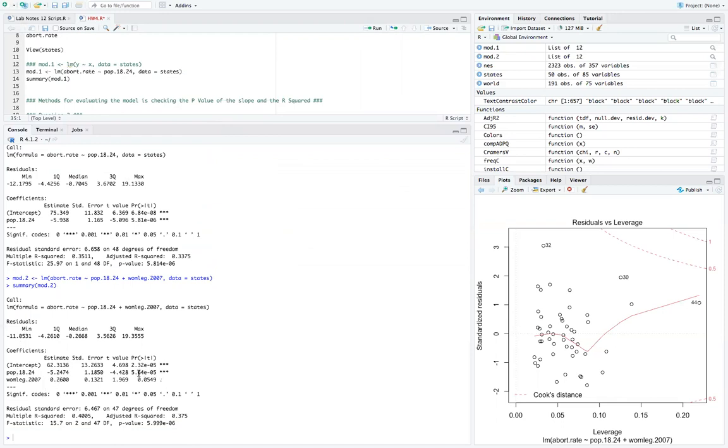And so one of the first things that stands out is the p-value of Women Ledge is 0.0549. So that means that it is not within the 0.05, or it is not statistically significant.